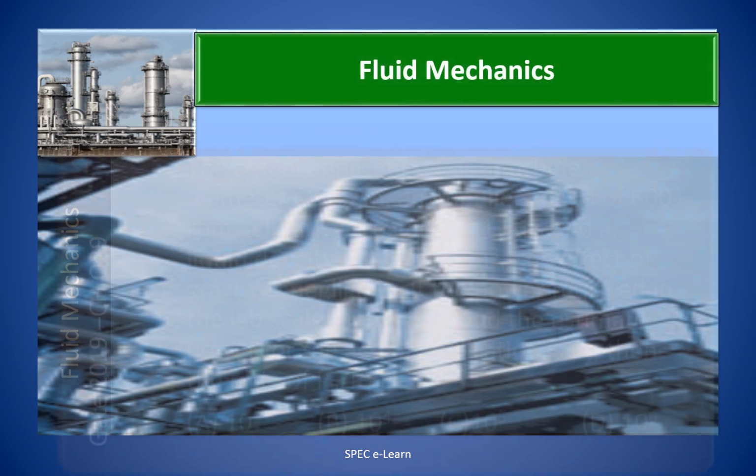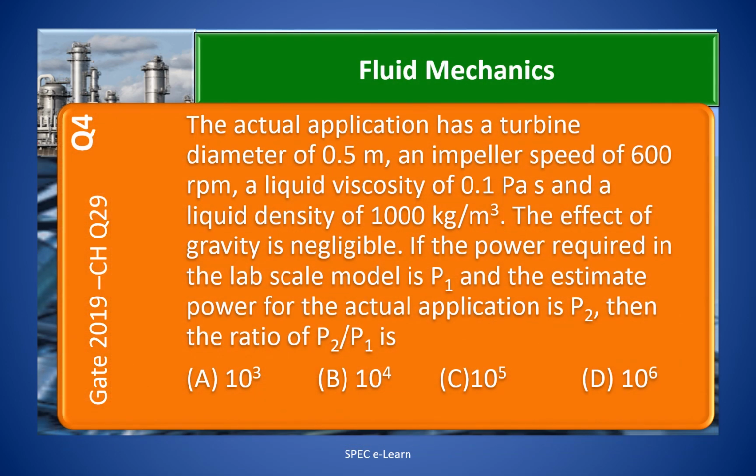The actual application has a turbine diameter of 0.5 meters, an impeller speed of 600 rpm, and a liquid viscosity of 0.1 Pascal second, and a liquid density of 1000 kg per meter cube. The effect of gravity is negligible.